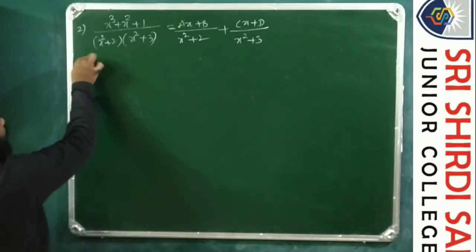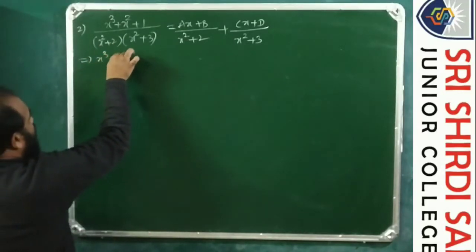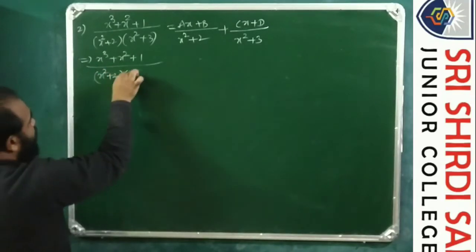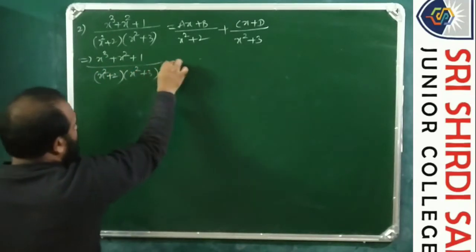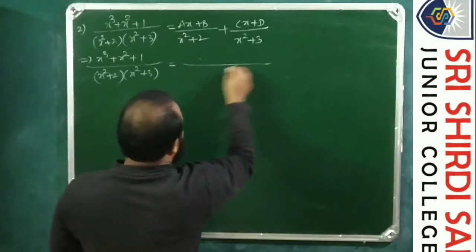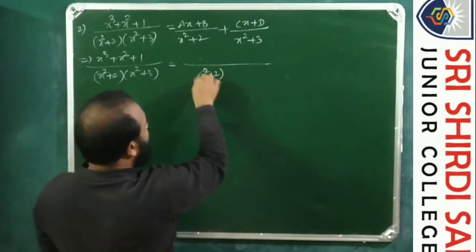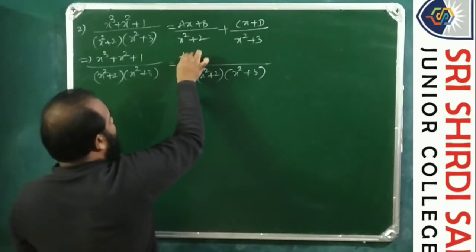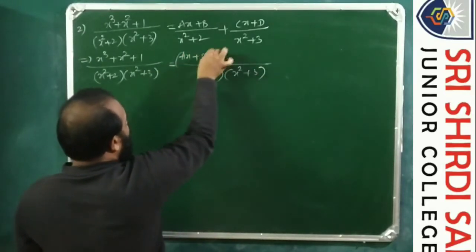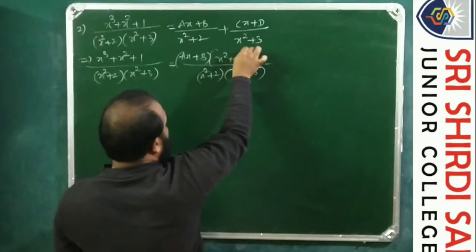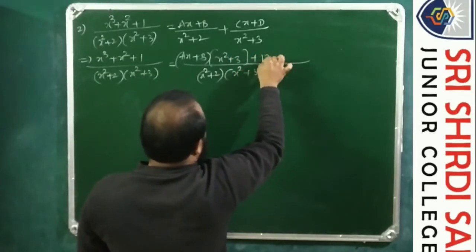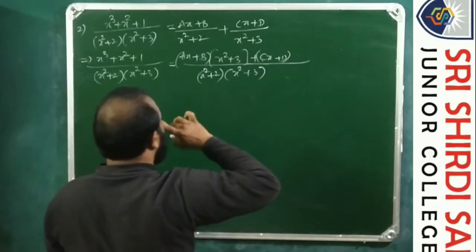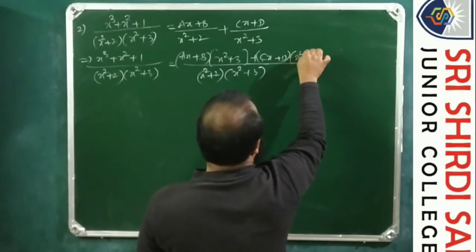So x cube plus x square plus 1 by x square plus 2 into x square plus 3 is equal to, the LCM is x square plus 2 into x square plus 3. So this is ax plus b into x square plus 3 plus cx plus d into x square plus 2.